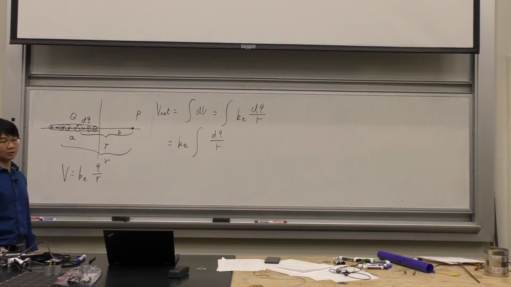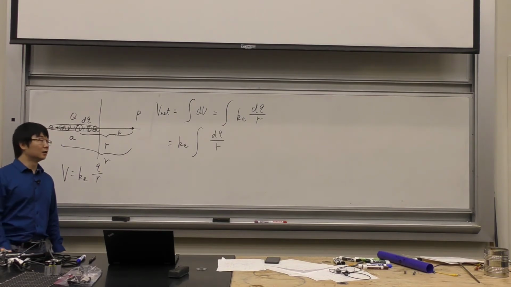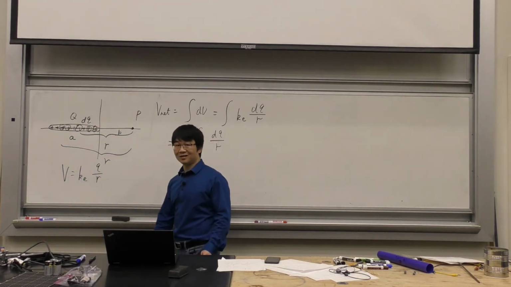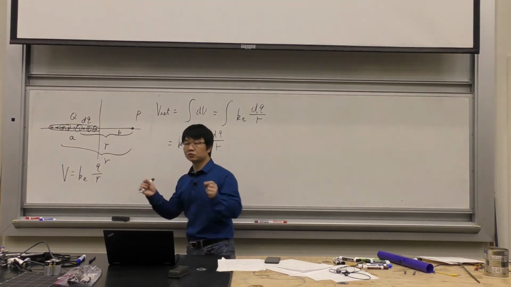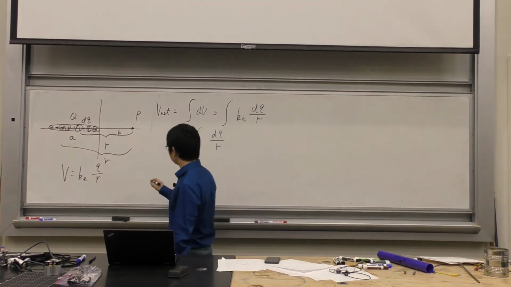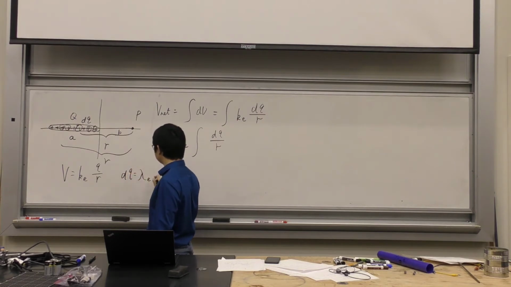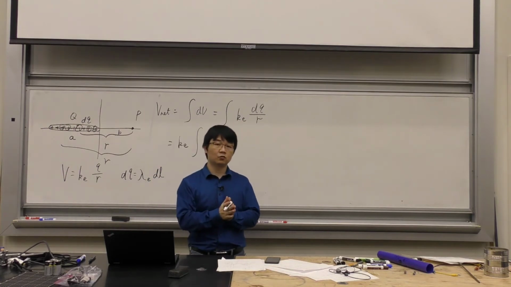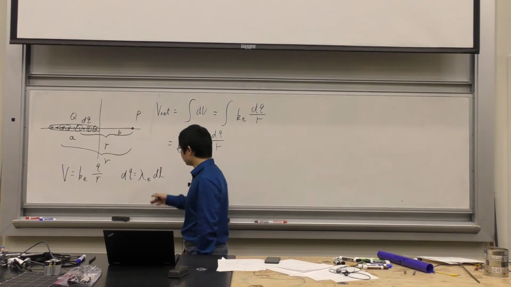So now my goal is this: I want to write r and dq in terms of one variable. So which variable do I pick? Remember, dq, we have seen this guy many times. If it's a rod or one-dimensional charge distribution, I can always write dq as linear charge density times the very, very small length of this one-dimensional charge distribution. This is a density.